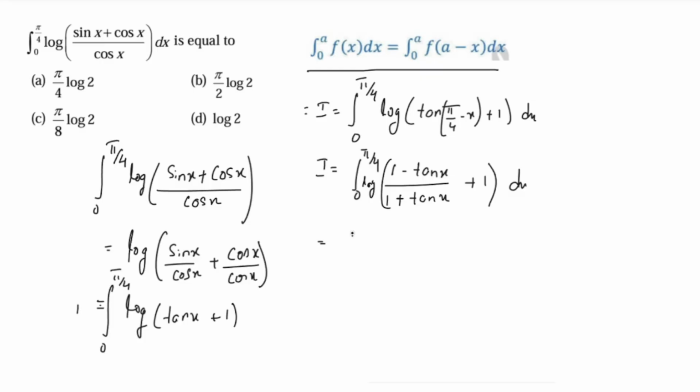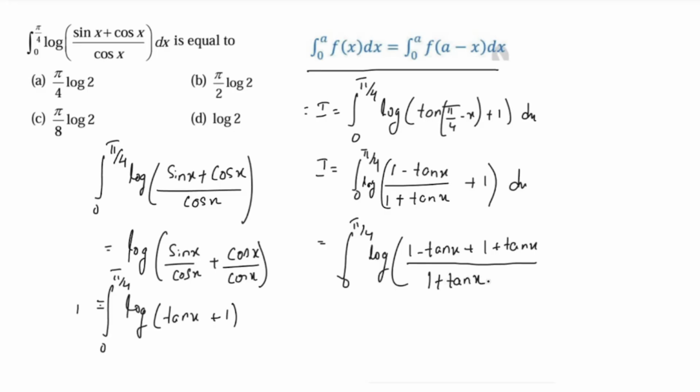So I is equal to, let us take the LCM here, 0 to pi by 4 log of 1 minus tan x plus 1 plus tan x whole divided by 1 plus tan x, dx. If you observe, tan x and tan x cancel out.